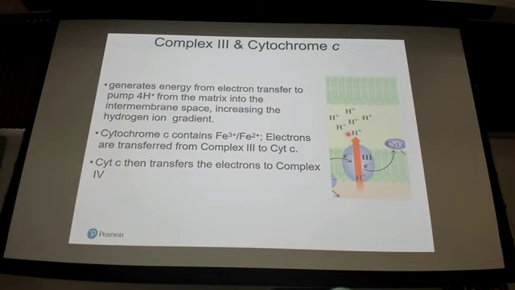And so the electrons from complex 1 and 2 are now at complex 3. They're going to be donated to cytochrome C, which is the electron carrier between complex 3 and 4, shown here.